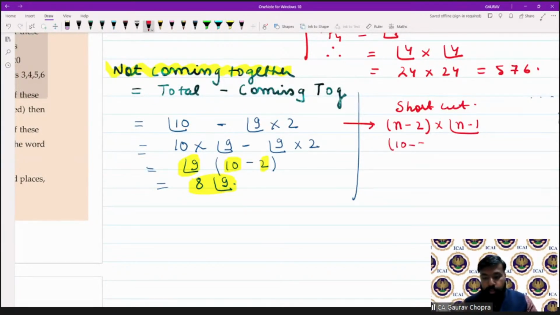So 10 minus 2 multiplied by factorial 10 minus 1. It will become 8 factorial 9. This will be your answer. All right.